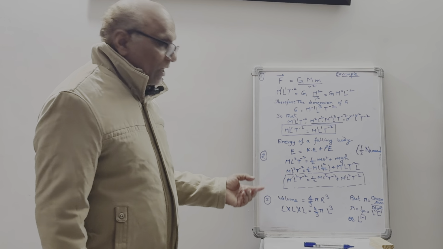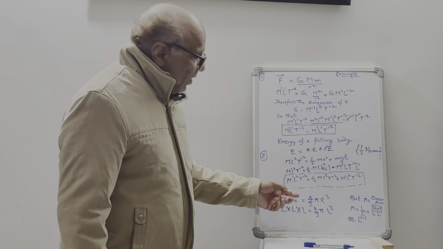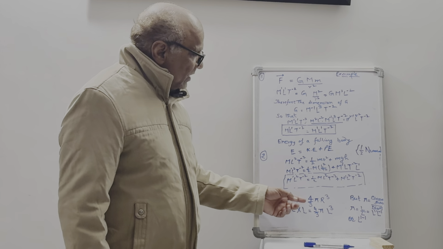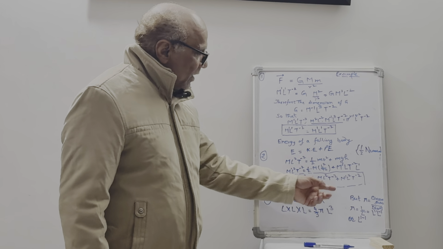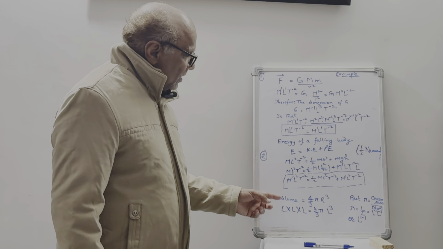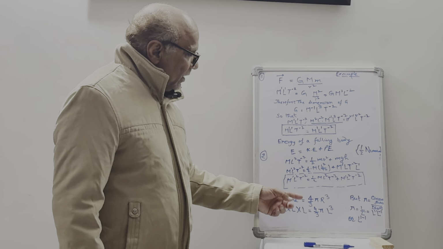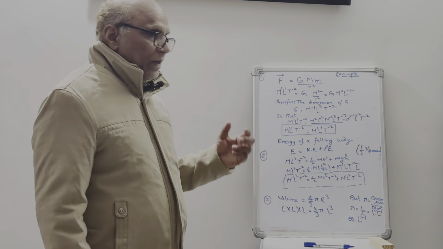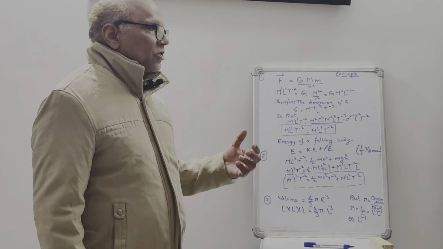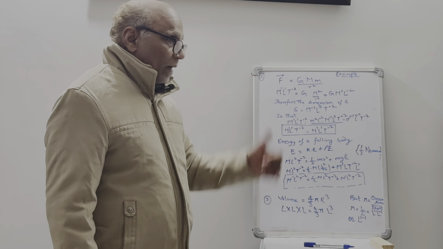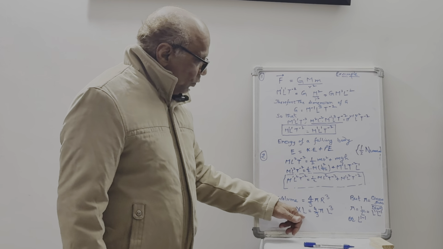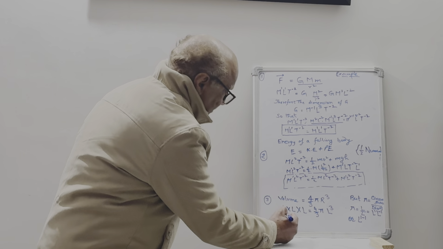Now we see the third case. Volume of a sphere is given by 4 upon 3 pi r cube. Now volume is given by length, breadth into height. Now length means L, breadth means also L, and height is also L. So it is L cube, L3.